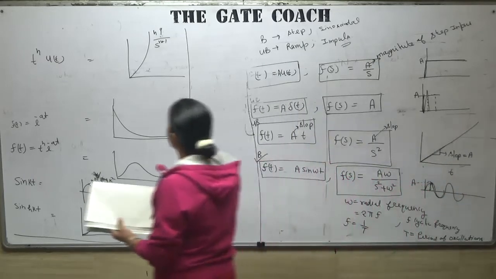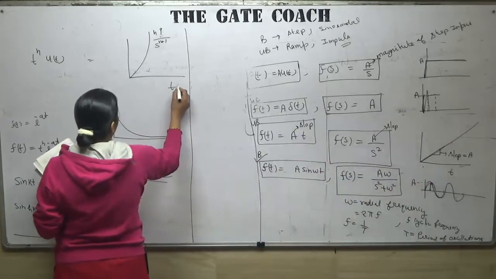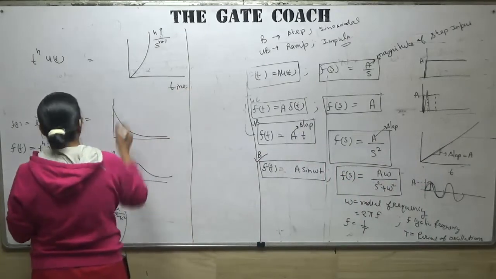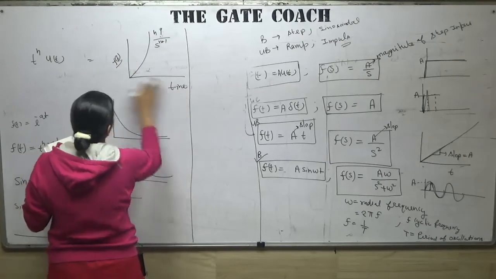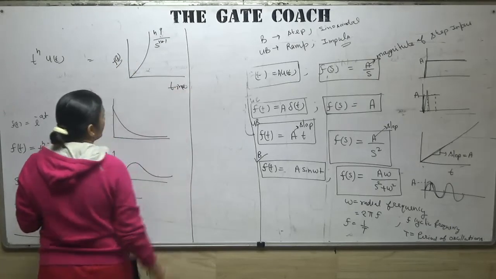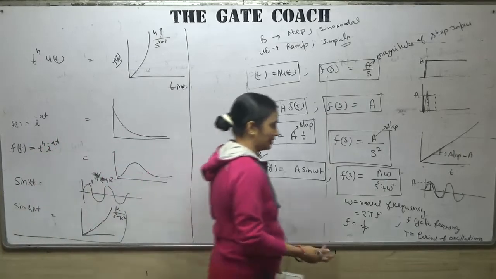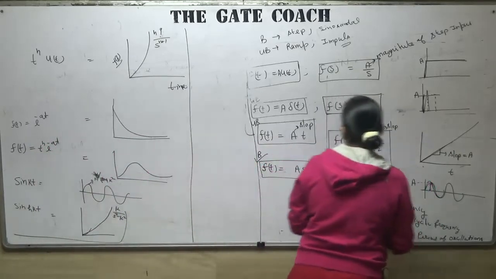Yes, this is f versus time domain. We are expecting everything here, the output with respect to time, f of t with time. All the graphs are output with respect to time.